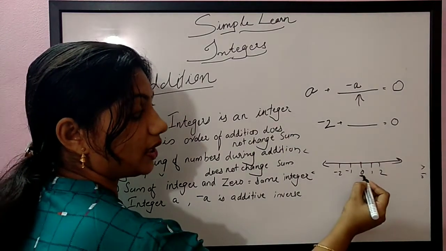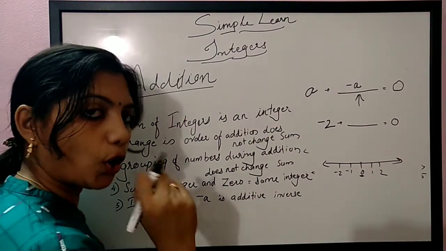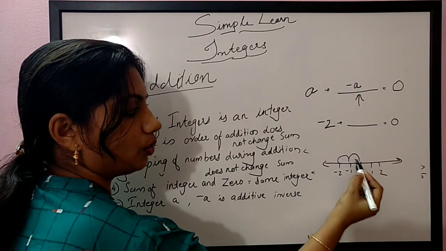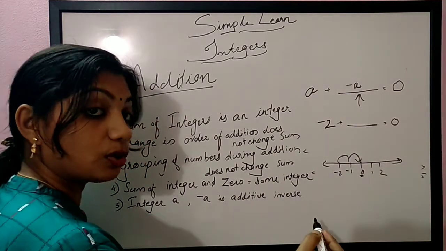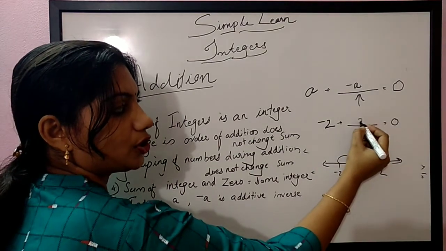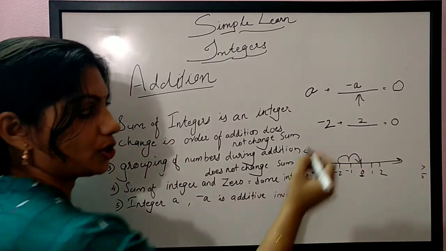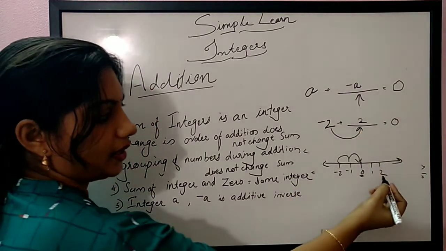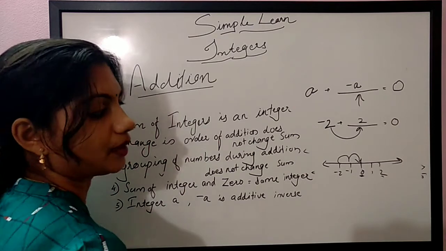Right? I should get 0 from negative 2. How many times should I jump? 2 times. 1, 2. 2 times I jump towards the right. So negative 2 plus 2 is equal to 0. So what is additive inverse of negative 2? It is 2.